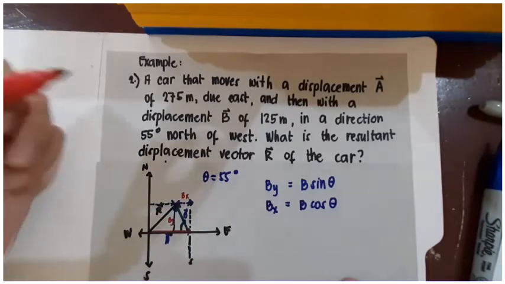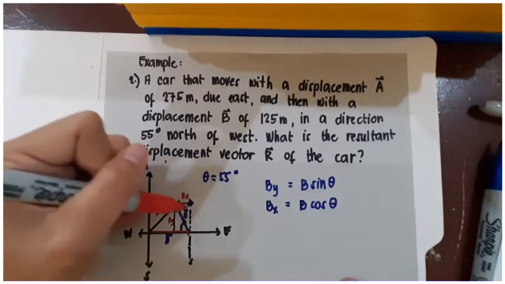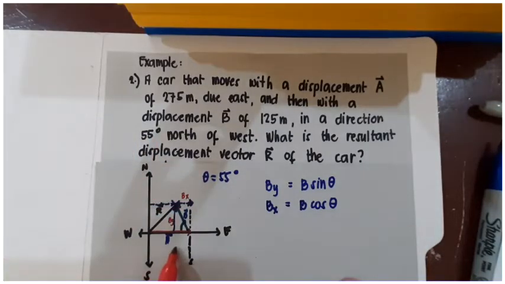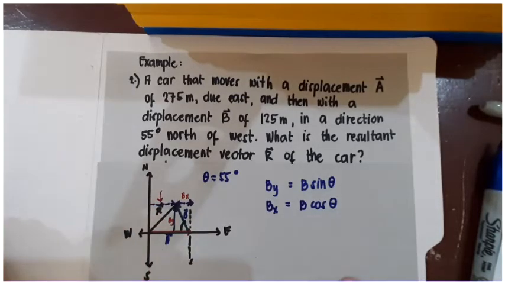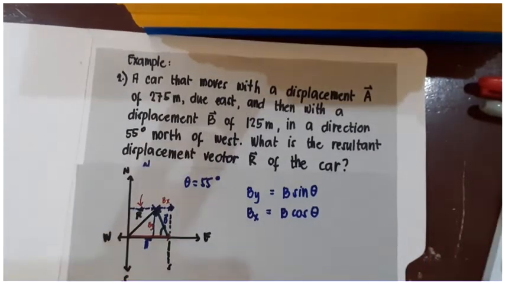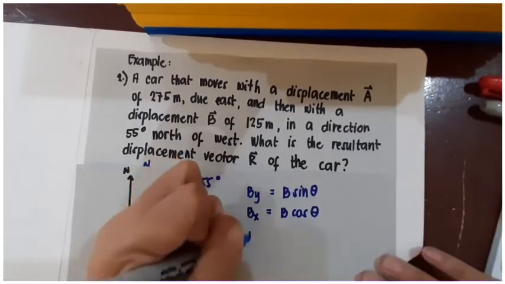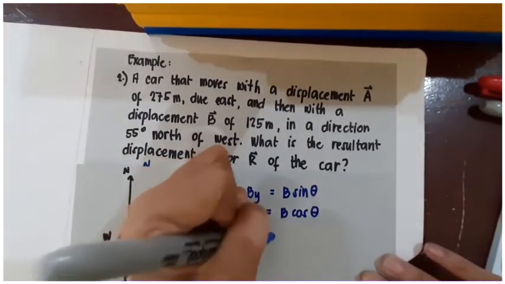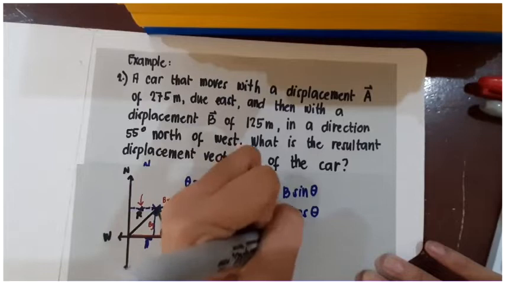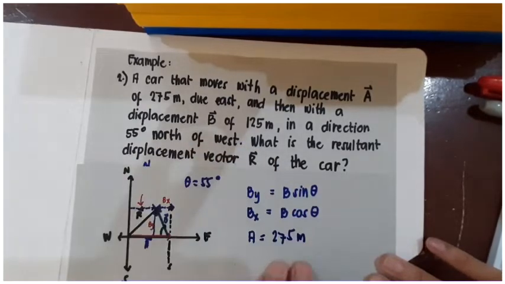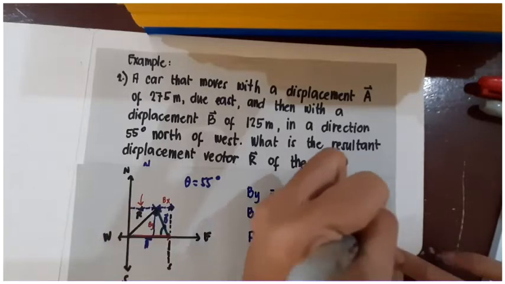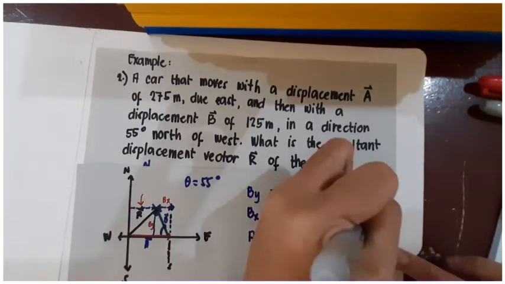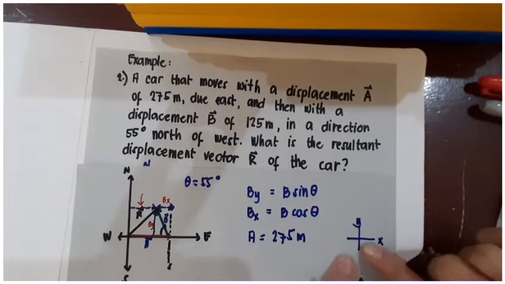So kapag nakuha na natin si bx, ima-minus natin siya sa magnitude ni a para makuha natin yung value nito. So the magnitude of a is actually 275 meters. Yan yung magnitude ni a. Since si A is along your x direction lang siya, this is your x-axis, this is your y.